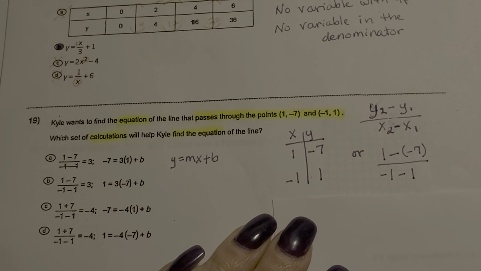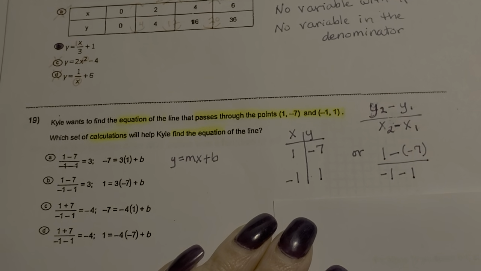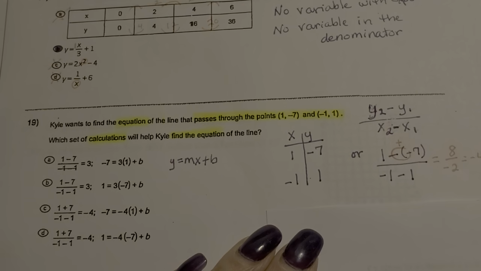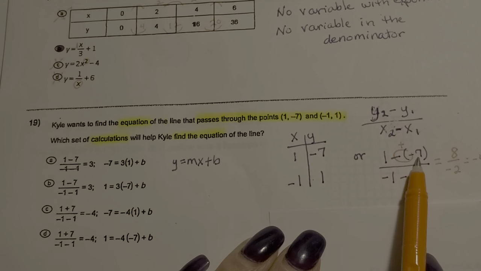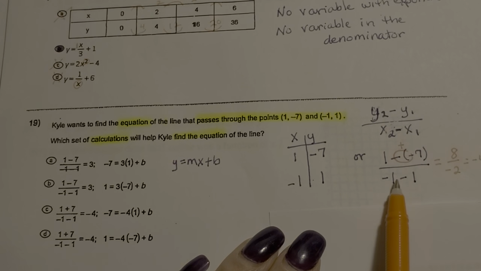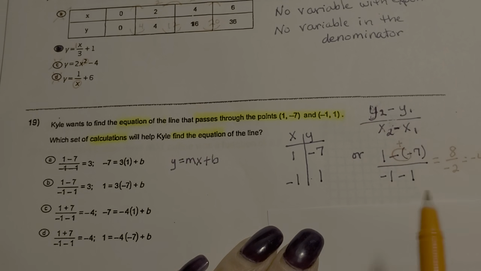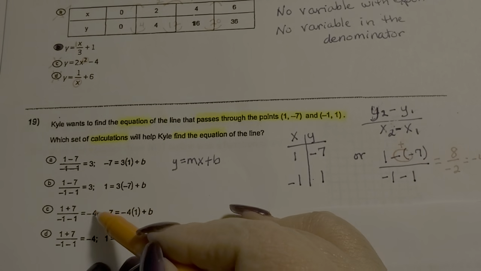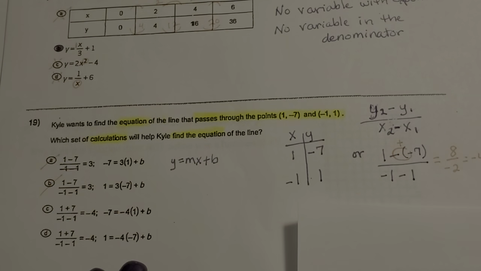If we simplify those, the double negatives with the 7 tell us 1 plus 7 is 8. -1 minus 1 is -2. 8 divided by -2 is -4. So if we come over here, -4 is the answer we got, so A and B are not possible.